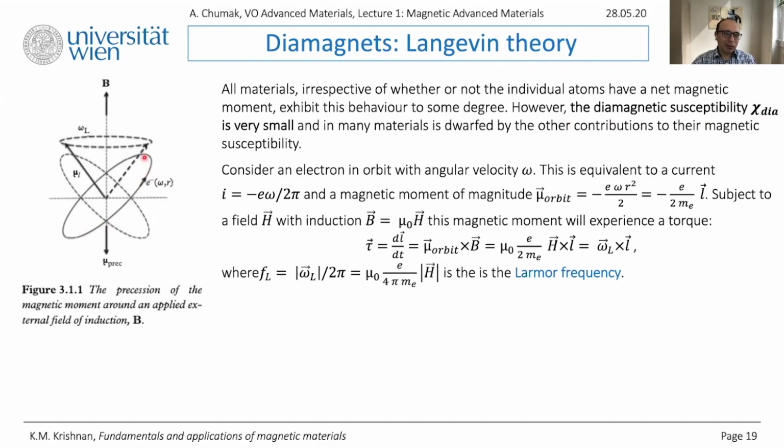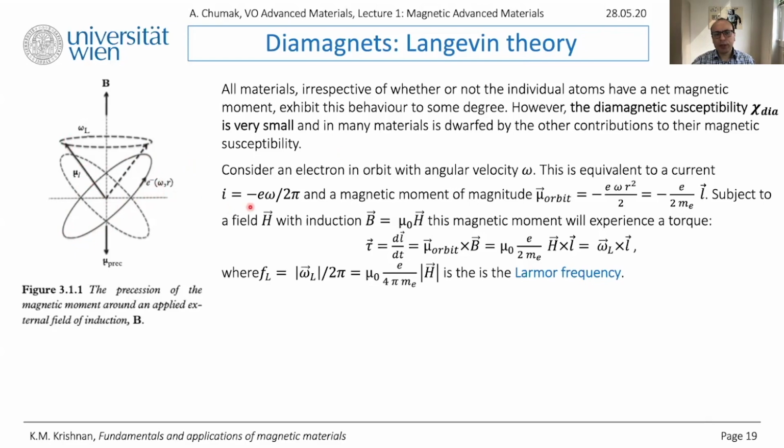Let us have a look first at this orbital. This is our hydrogen model, the Bohr model of the atom, which we discussed, and here is an electron which is flying around with some circular frequency and with some radius r. And as we discussed, the motion of this electron, since it's charged, will create a magnetic moment, the orbital magnetic moment mu L, pointing in this direction.